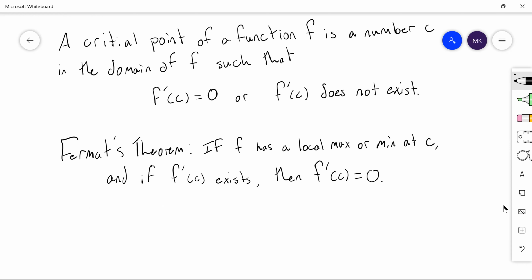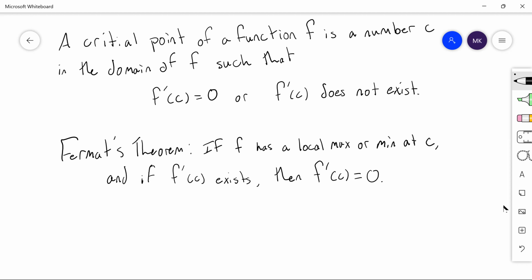So what this tells us is that the derivative of a local max or minimum, if it exists, will equal 0. Now you may ask, well, when would it not exist? And if we think about the absolute value function, if we just think absolute value of x, the derivative at 0 doesn't exist. And yet it's a minimum.